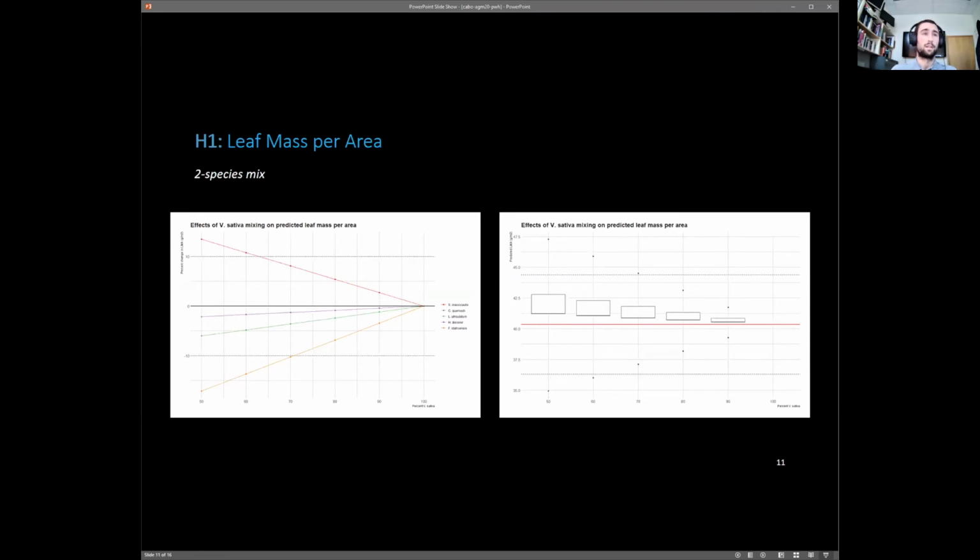And again, LMA looks pretty good, except for the two species that jump out. F. idahoensis is a grass, and then again, Senicula crassicalis is showing a larger percent change as you get closer to the 50-50 mix.